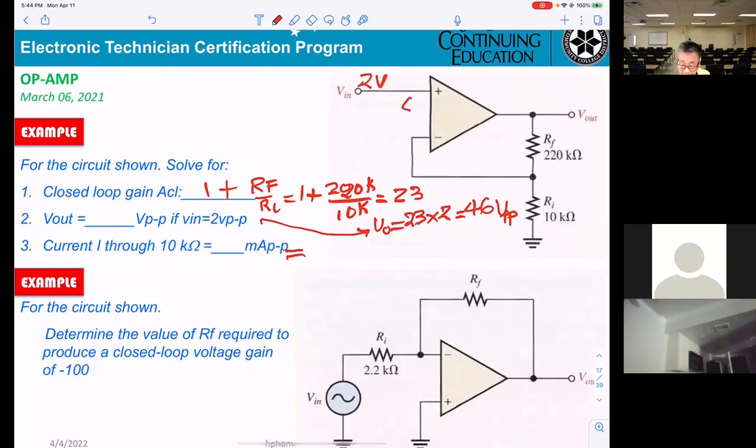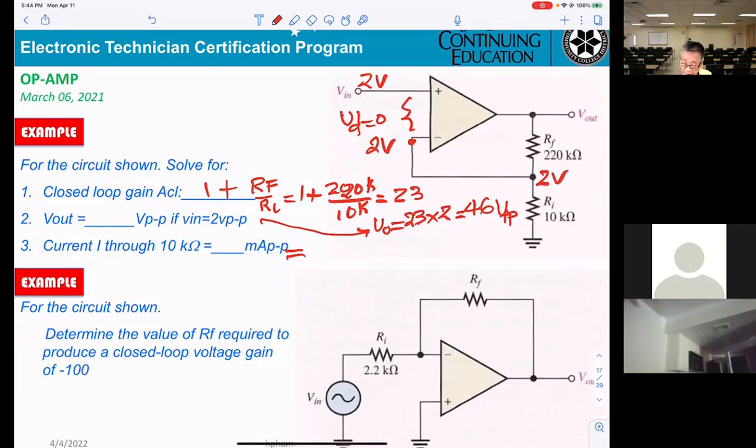And the differential voltage here, VD, is 0. They're telling you the voltage at this point is also 2 volt.